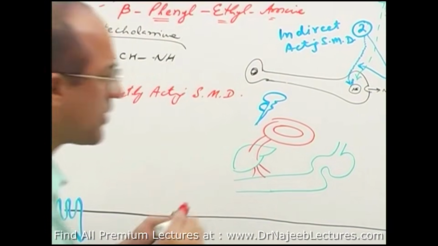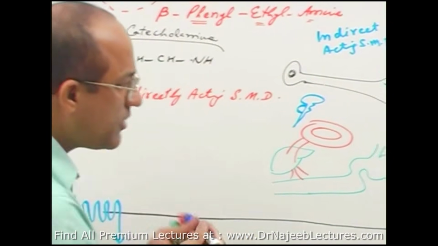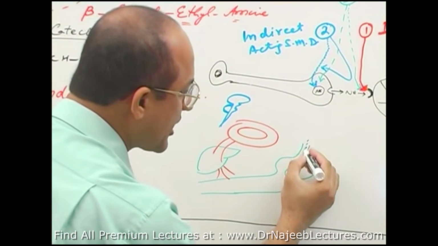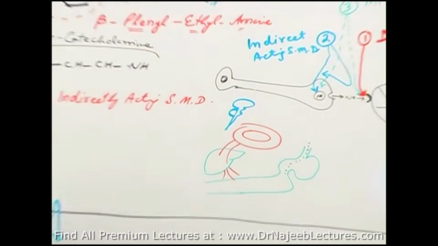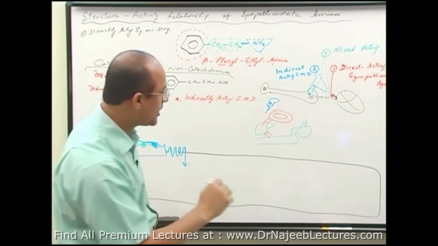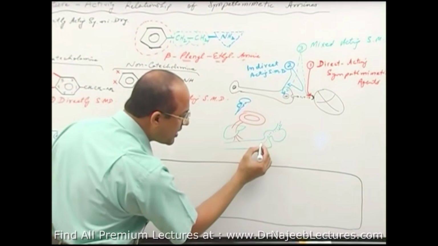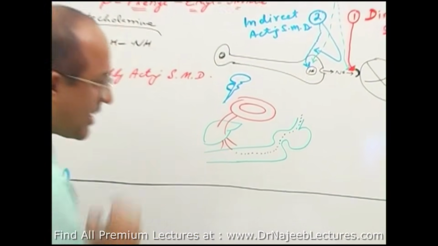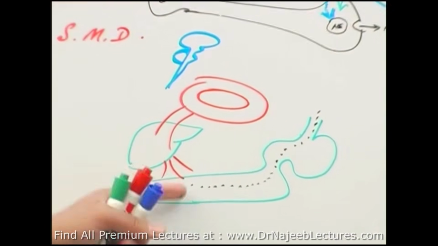Let's talk about some very fundamental things. Listen, if catecholamines are taken orally, actually catecholamines are never taken orally. Why? Let me tell you. When catecholamines are taken orally, they are highly polar compounds. Can they absorb well?